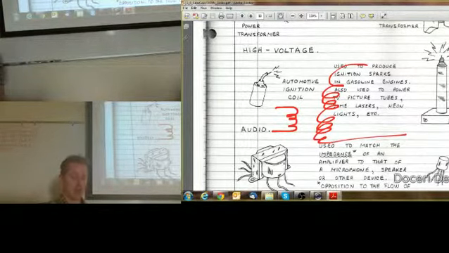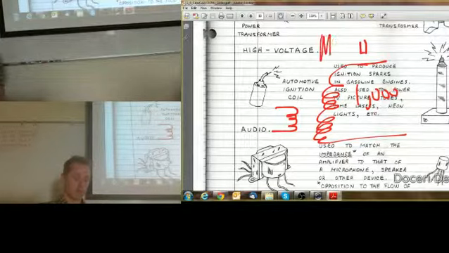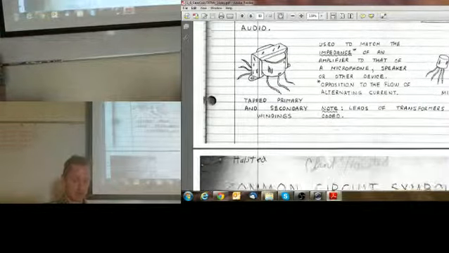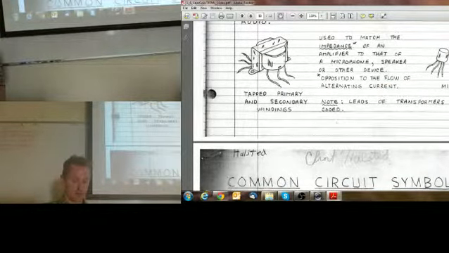You may have 1,000 to 1 turns ratio or whatever, and you're getting thousands of volts in order to spark across a spark plug. The idea is you're actually breaking down the dielectric of air by creating a very high voltage. And again, like I said, audio is usually a step-down transformer.